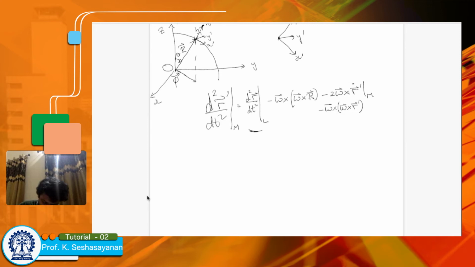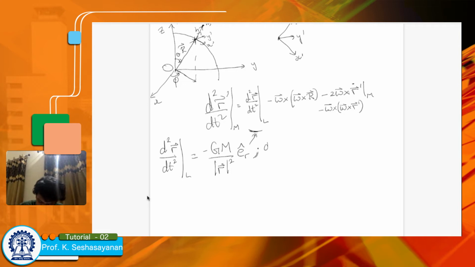So we can write this as d square r by dt square in the inertial frame is nothing but minus G capital M by small r square, because the distance is the norm of the r vector, times e_r. Okay. So here G is the gravitational constant, capital M is the mass of the Earth, and now we can substitute this here.